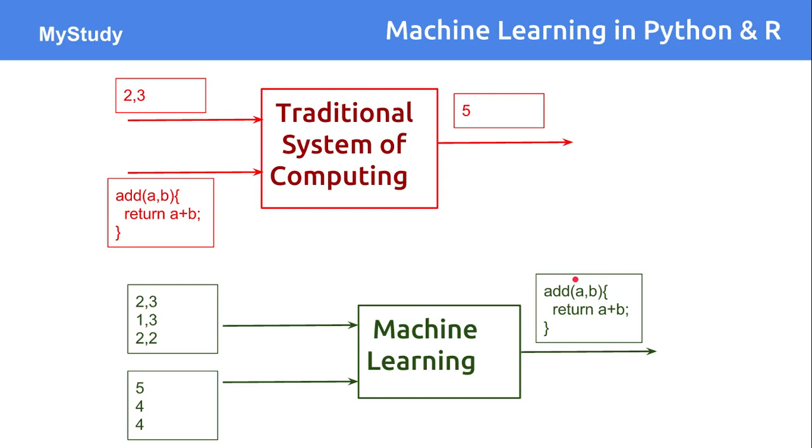So that is the basic difference between the traditional system of computing and a machine learning system, and machine learning is going to become the future because we do not need to write rules explicitly. Machine learning will come up with such rules automatically for us, and that is what is happening in every different aspect right now, in the online web applications and mobile applications you are using.